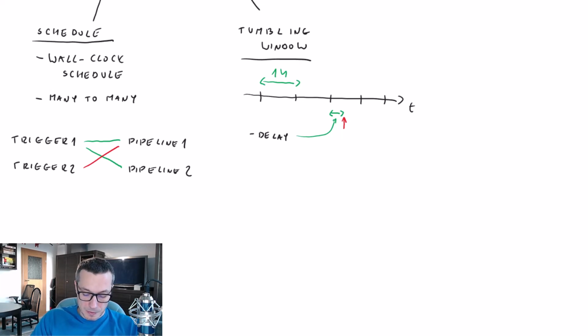What is important is that in every window, so this 1 hour is our processing window, we have access to some additional values like window start. Let's say that the pipeline executed here after this delay.